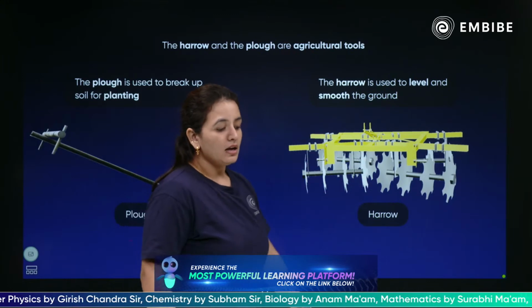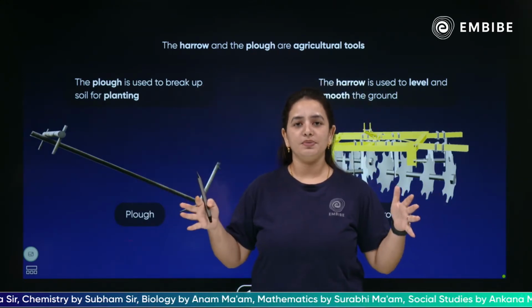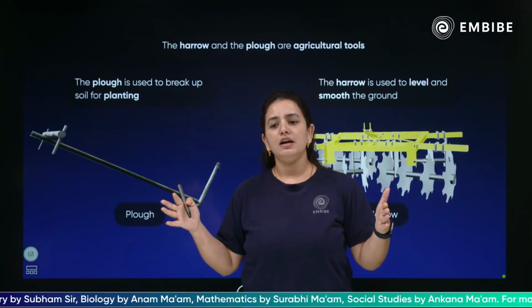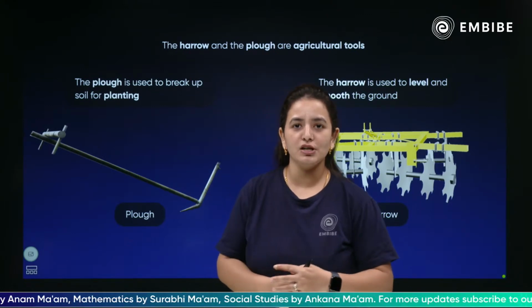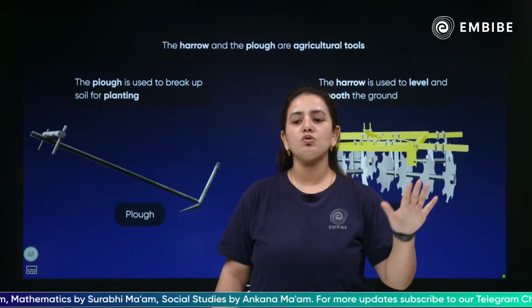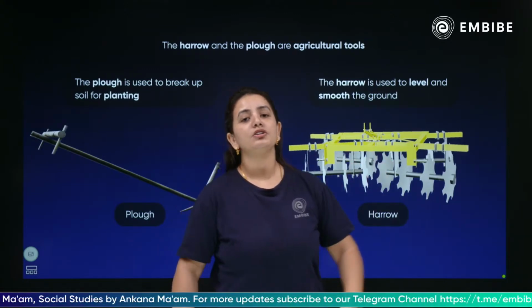So basically, if you have ever seen something attached to a tractor, have you been around a village, town or the countryside? Have you ever been to, children? How many of you have ever been to the countryside? Come on. Or to the village region?